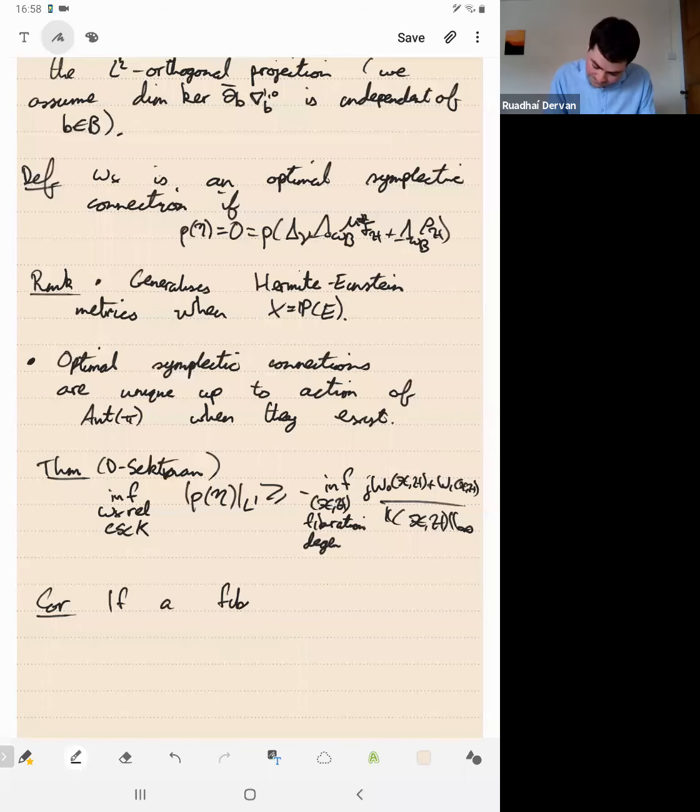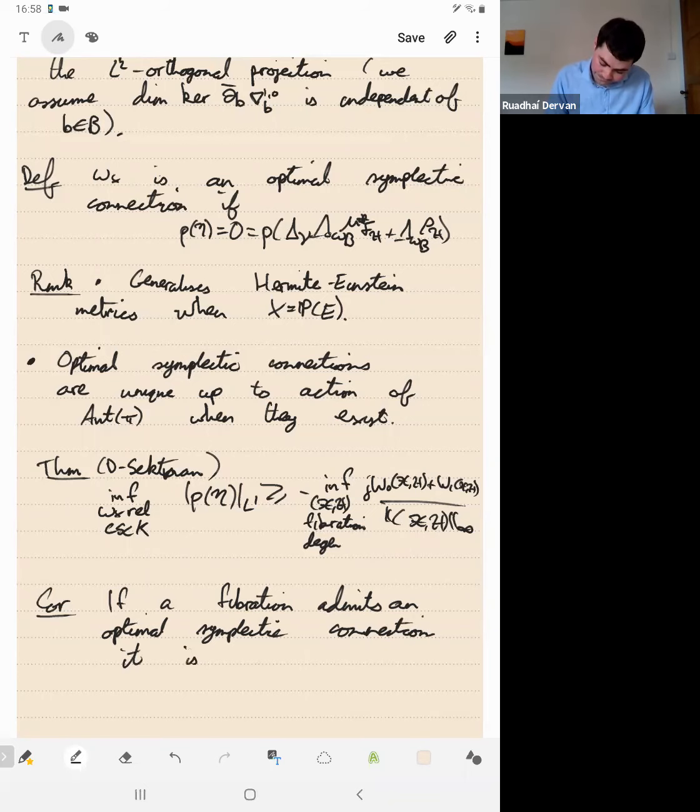So if a fibration admits an optimal symplectic connection, it is semi-stable. So this proves one direction of our main conjecture that the existence of solutions to this PDE should be equivalent to an algebro-geometric notion of stability for the fibration.